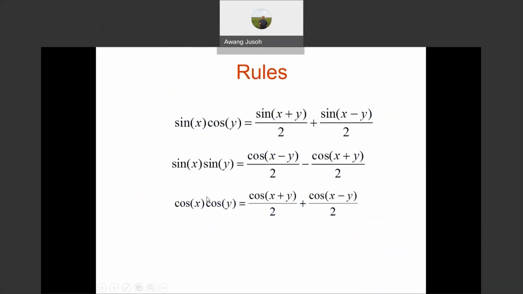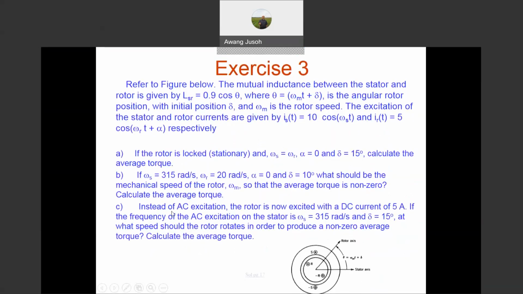Okay, number 3, number C. They say the machine is now excited by DC current. So we have DC current at the rotor winding with a value of 5 ampere. We know that when we inject DC, there is no frequency, so Wr will be 0.